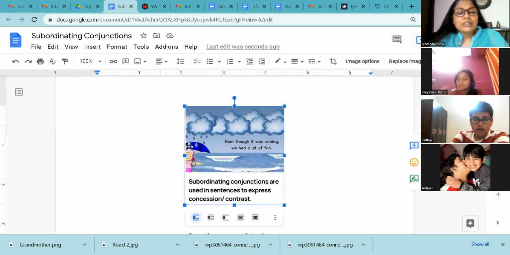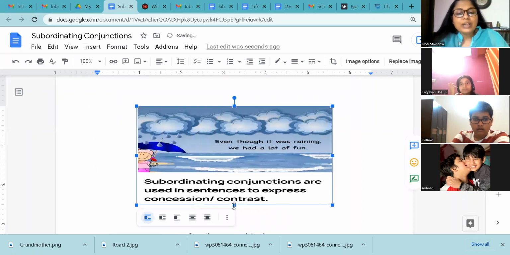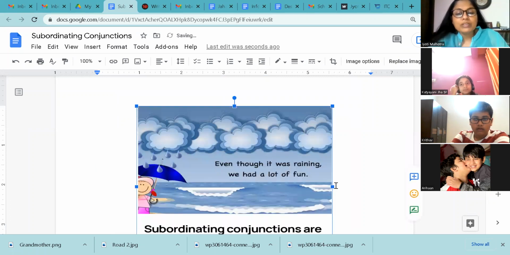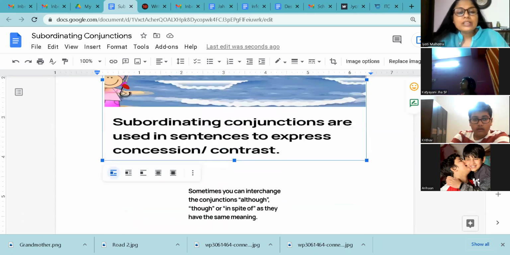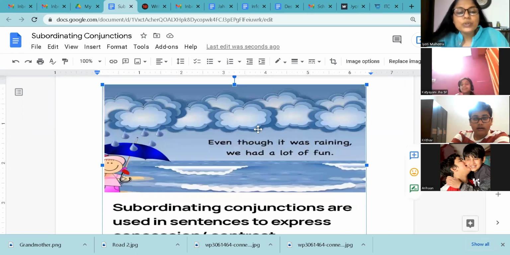You want to read this one? Does it make you feel happy to see so many clouds? Yes, but even though it was raining, we had a lot of fun. Okay, do you think there is a contrast in the sentence?